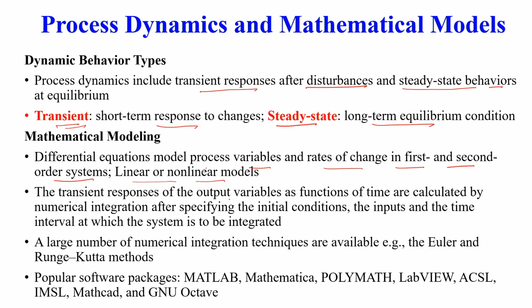The transient response of the output variable as a function of time is calculated by numerical integration after specifying the initial conditions, input and time interval at which the system is to be integrated. As we did that, what is the initial and final time, what is the initial and final condition, and what is the input.